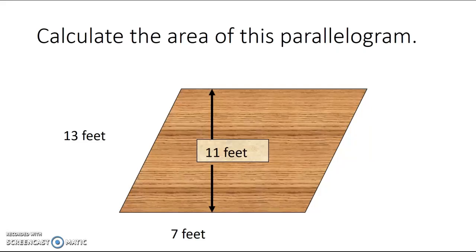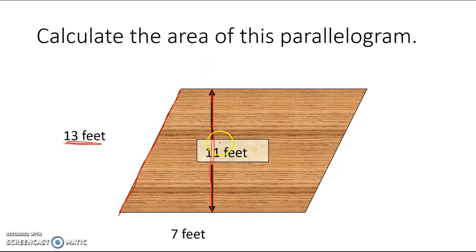How about this parallelogram? Now, be careful with parallelograms and rhombuses. And this is kind of going to apply to triangles too, but we'll talk about that in a second. This length here is 13 feet. So if I wanted to find the perimeter, I would need to know the length of this. But when I'm talking about height, because remember, base times height or length times width, I'm talking about how tall does it stand off the ground.